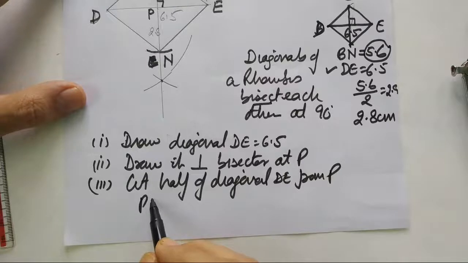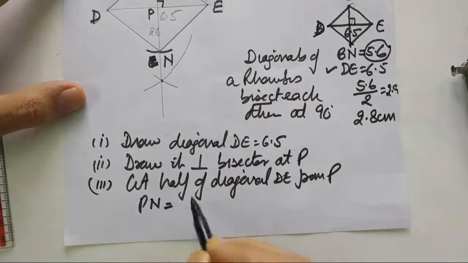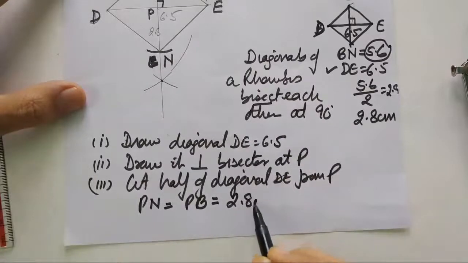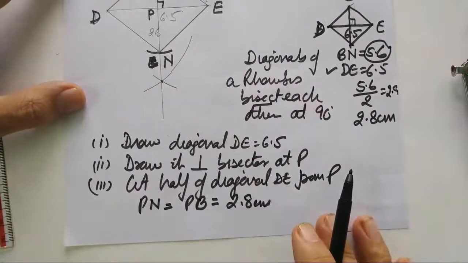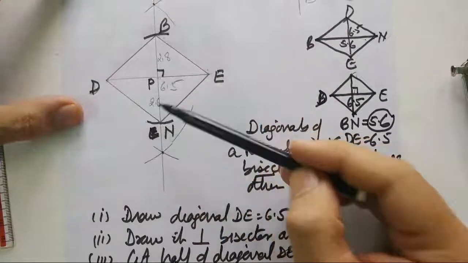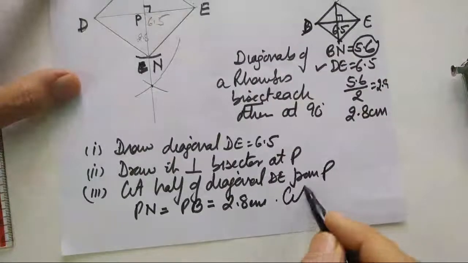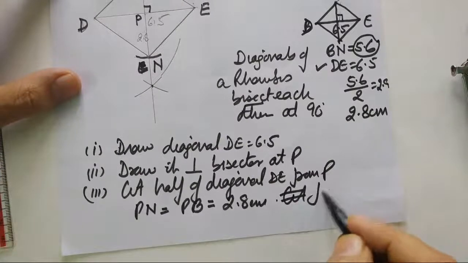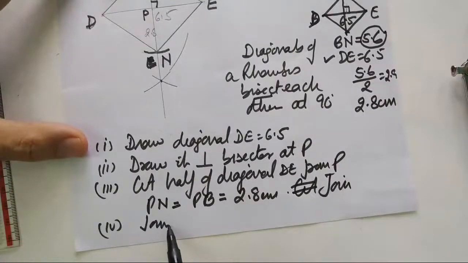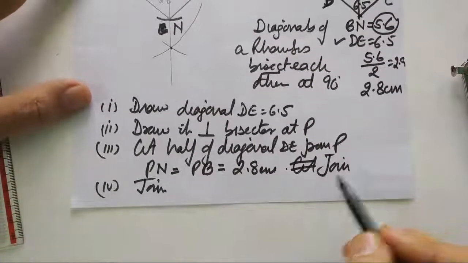PN is equal to PB and both are 2.8. This is your third step. You have made this arc and then you will cut and then you will write join them. Fourth step, you can write join.